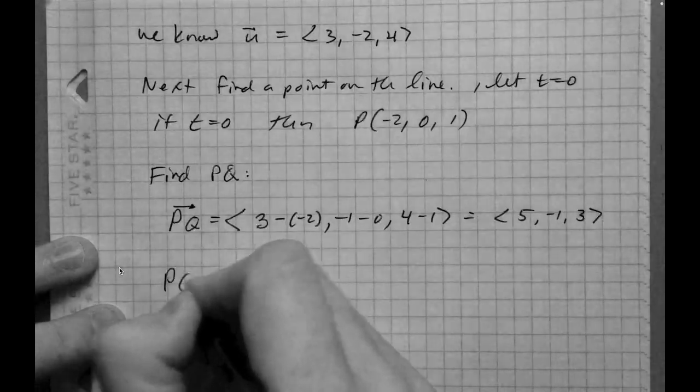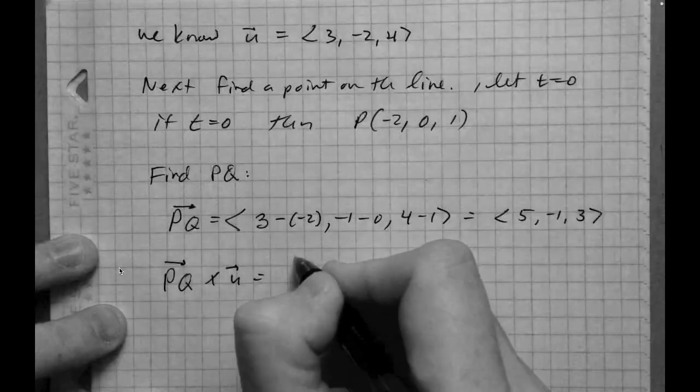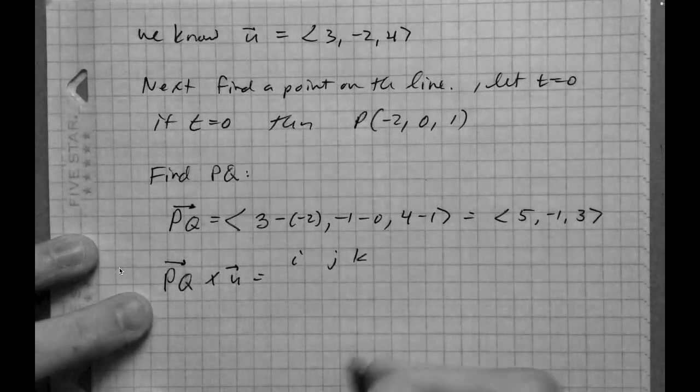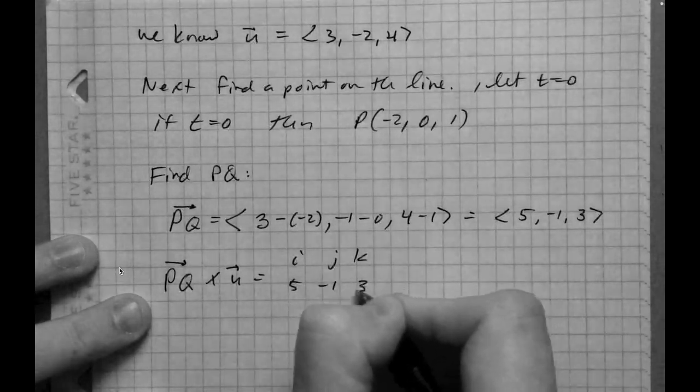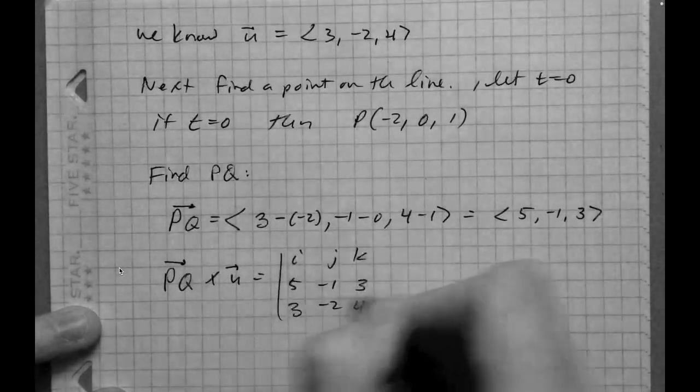So PQ crossed with u. That's i, j, k, and then (5, -1, 3), and (3, -2, 4).